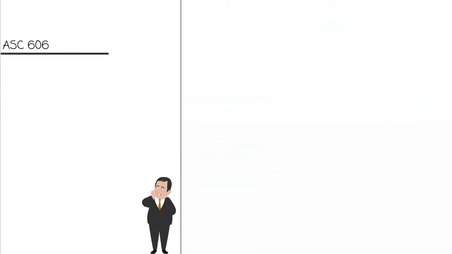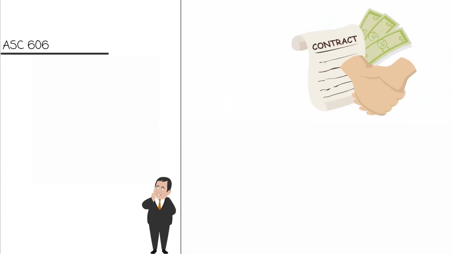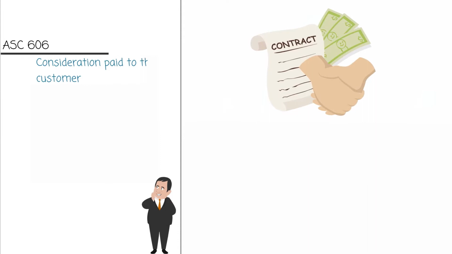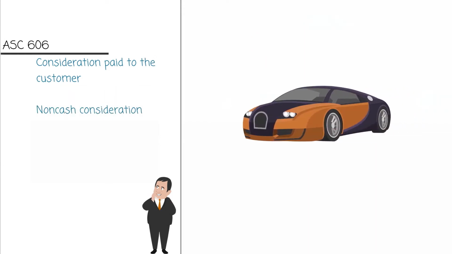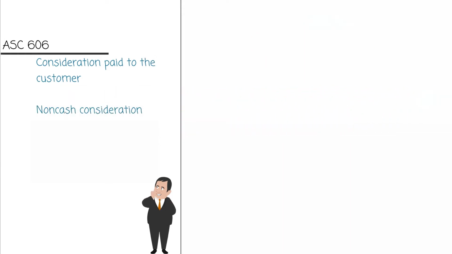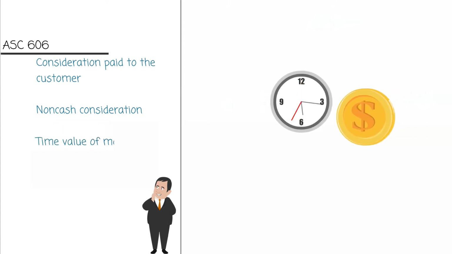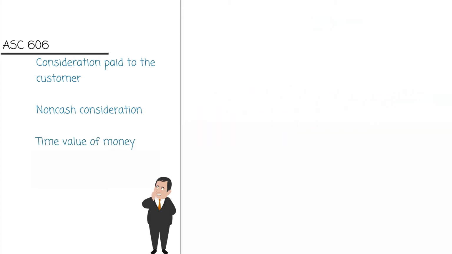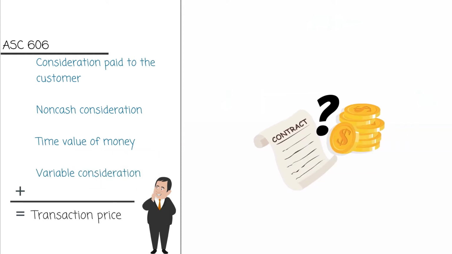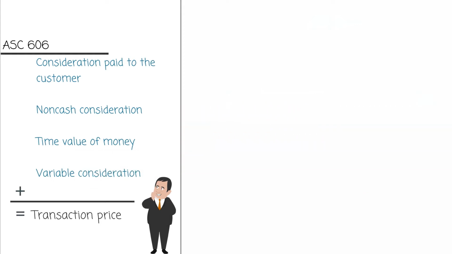Under ASC 606, the transaction price should include all consideration paid to the customer, such as rebates, as well as any non-cash consideration. It must also consider the time value of money, if significant. However, probably the biggest change is that the transaction price now must include variable consideration.